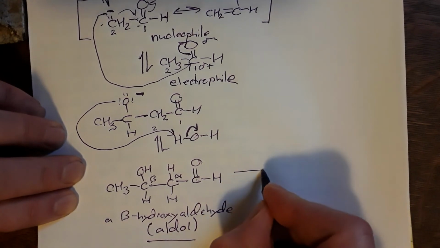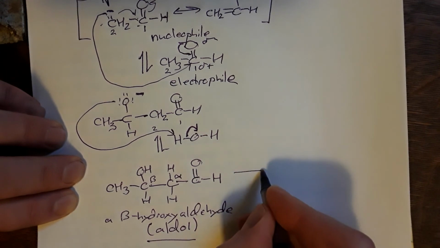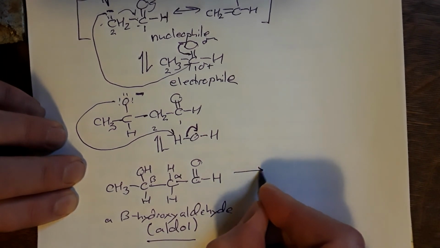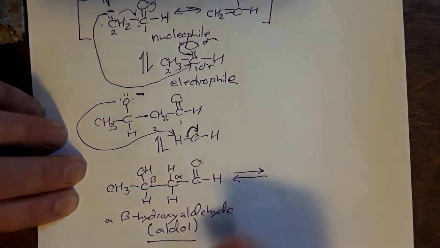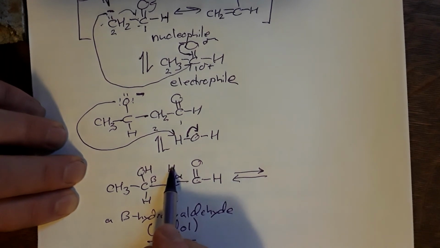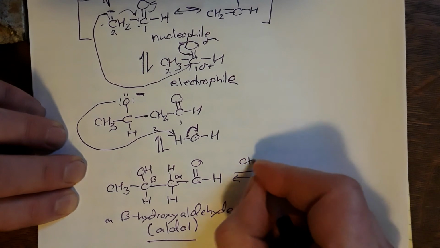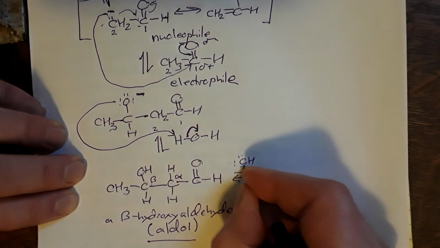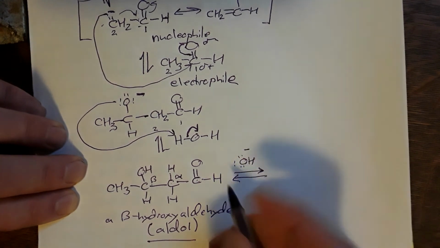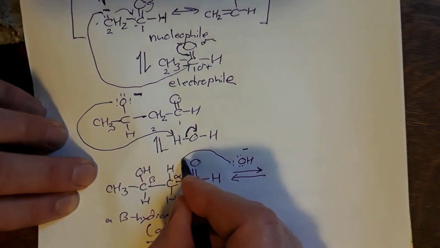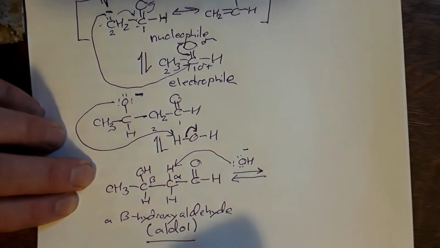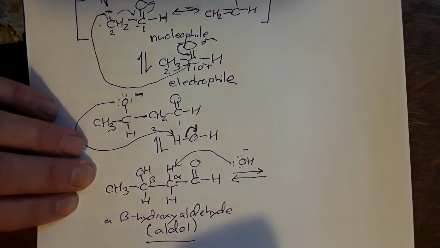At the same time, we can remove this hydrogen right here. This is an alpha hydrogen, and we know that in equilibrium anyway, the hydroxide can pull off that alpha hydrogen.